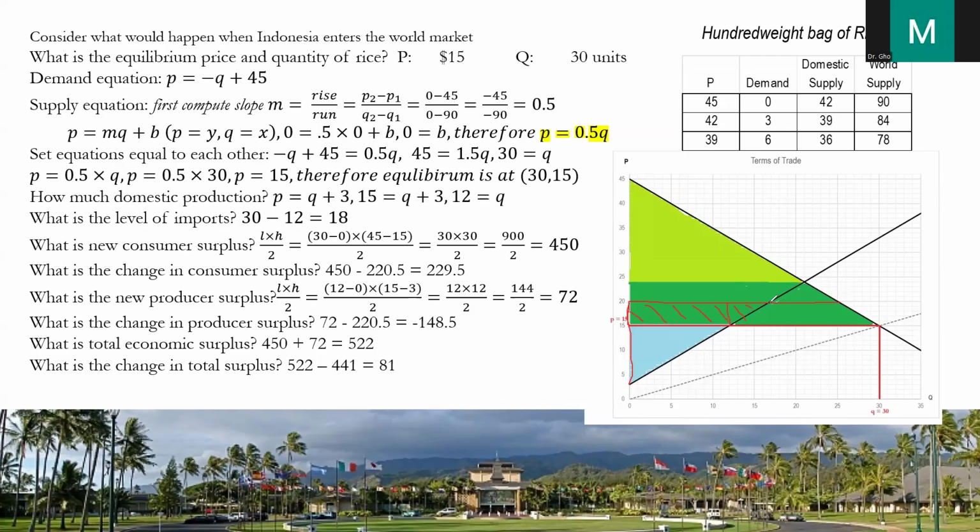We have taxes in the amount of $5. With this amount, we're going to be importing from right here, 17, to 25. We're going to be importing 8 units. 8 times 5 is going to be 40. This area right here that I'm filling in, 40, is the tax revenue.